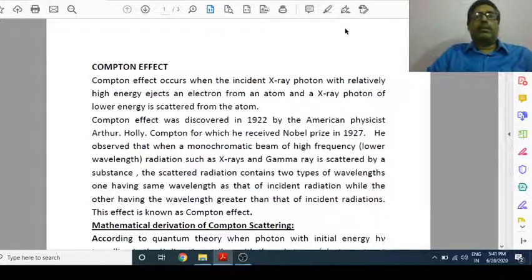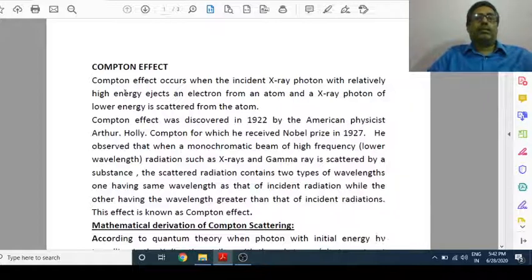This effect, in which the wavelength of incident and scattered X-ray was found different, is known as Compton effect. And the amount of difference in wavelength is called Compton shift.